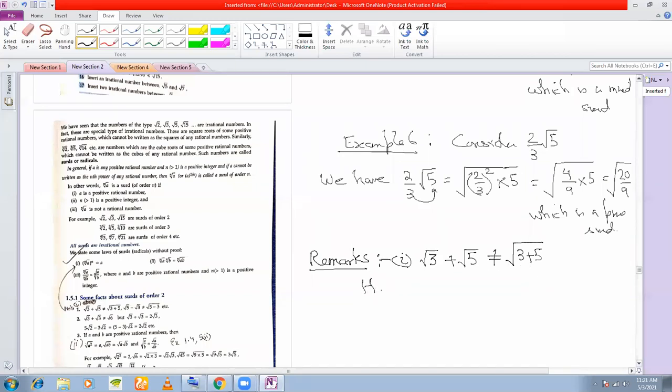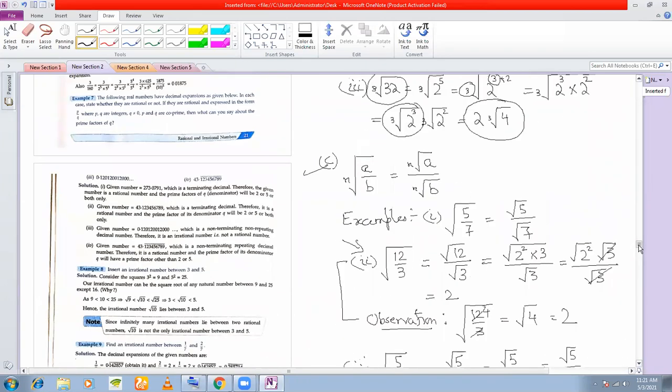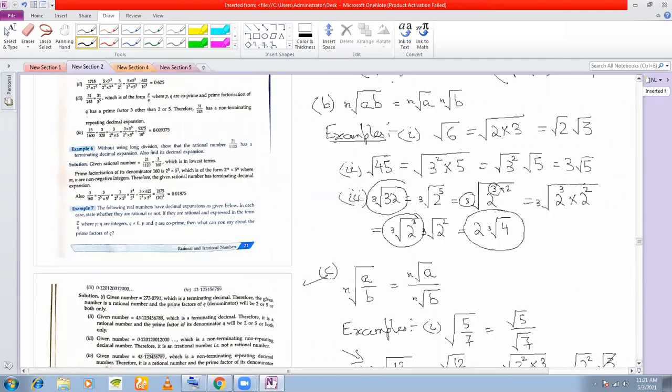However, when there is a multiplication sign in between, root 3 into root 5 can be written as root over of 3 into 5. From which property? From this property.